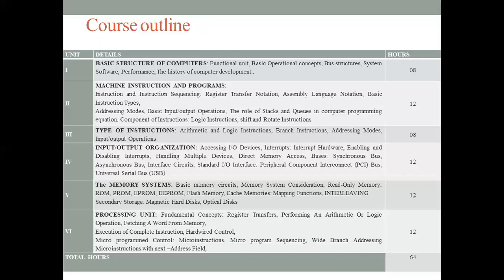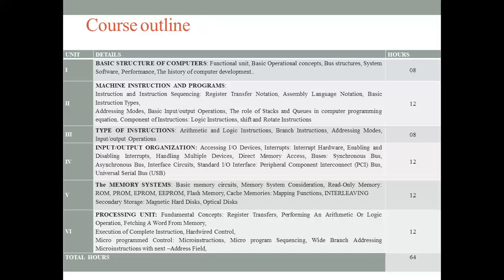The fourth unit is called input and output organization. In this unit, we'll be dealing with interrupts: what is meant by interrupts, how to enable and disable these interrupts, and what is meant by direct memory access.